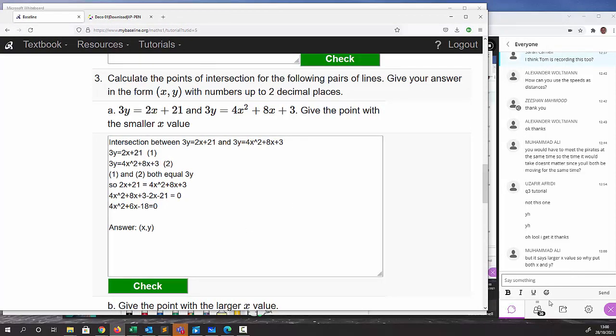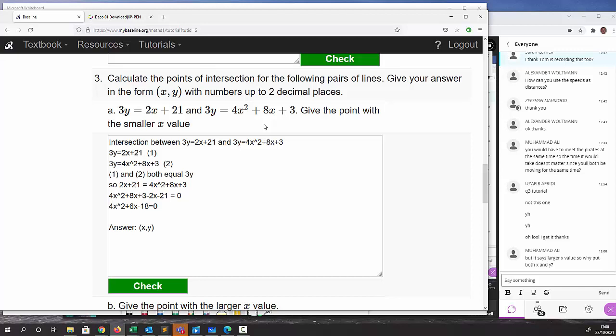Right, so it says larger x value, so I put both x and y. Yeah, it says here, give your answer in the form of brackets x, comma y. So you do need brackets, the x value, comma, the y value, and give your number up to 2 decimal places, which means that if the answer is 4, put 4.